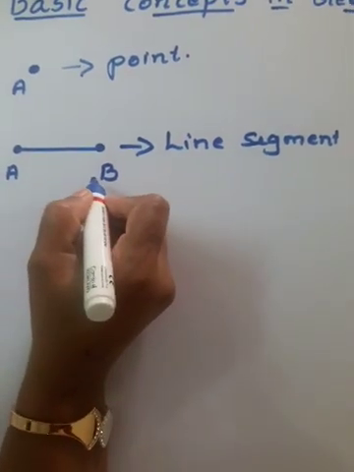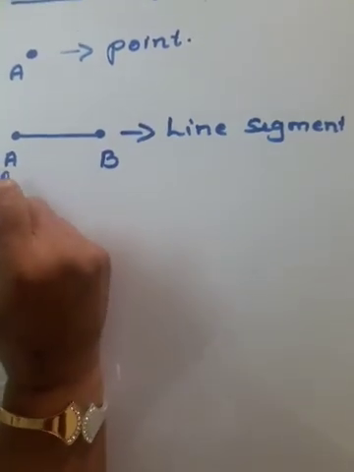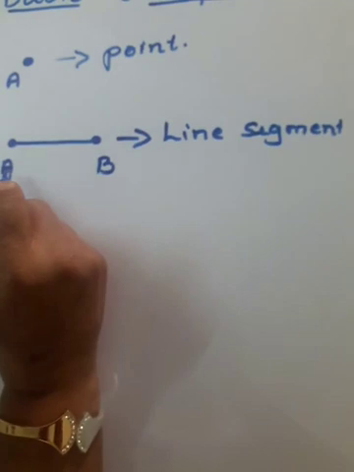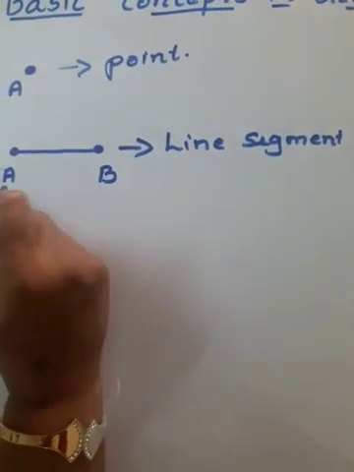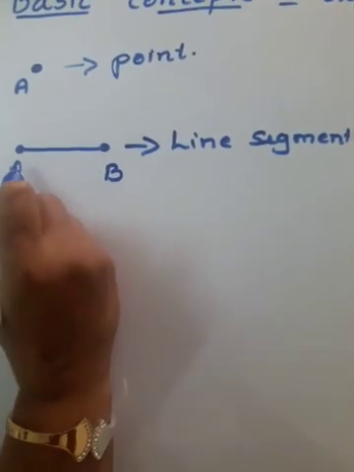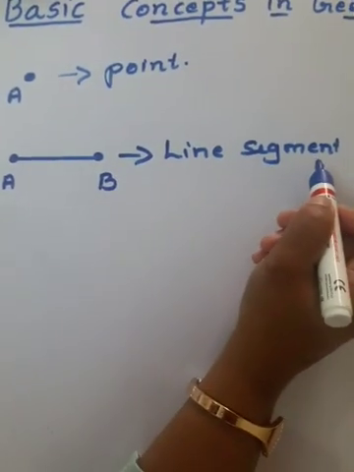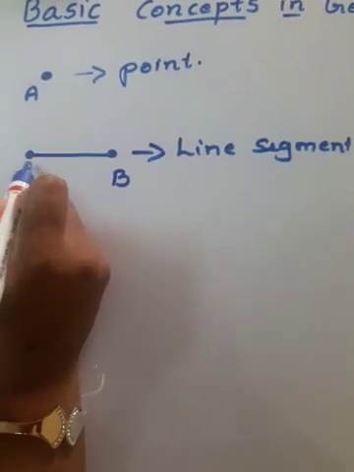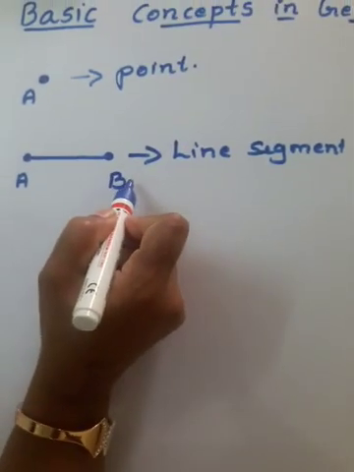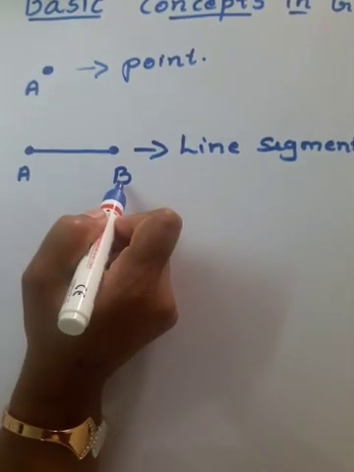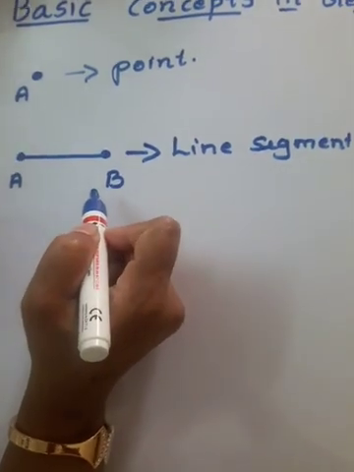This is a line segment. So when 2 points, that is A and B, are joined using a ruler, then we get a line segment. Here point A and point B are the two end points of a line segment.